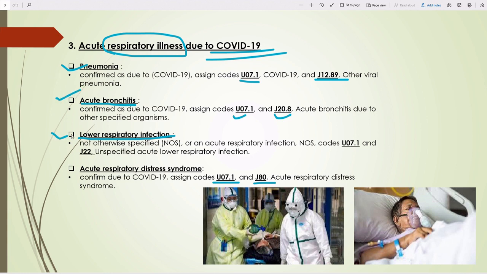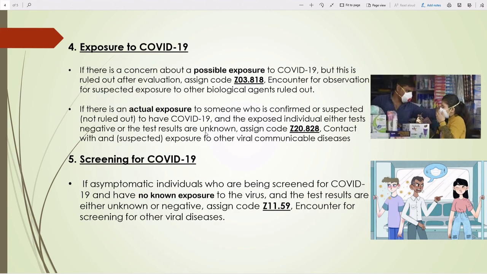So in all four conditions, you can see the primary code is always COVID-19, followed by the condition codes. So guys, next, fourth point, exposure to COVID-19. Here we have to be very careful while billing such types of codes. We have to read each and every point of what the doctor has listed.